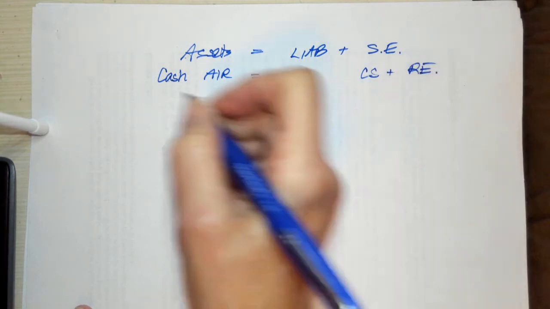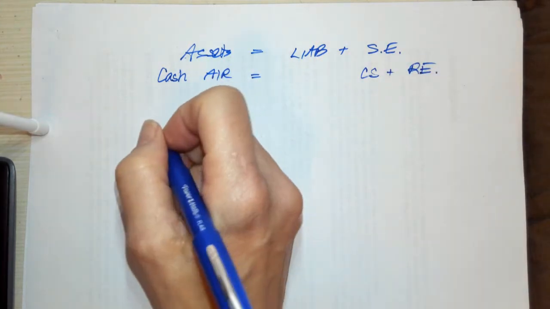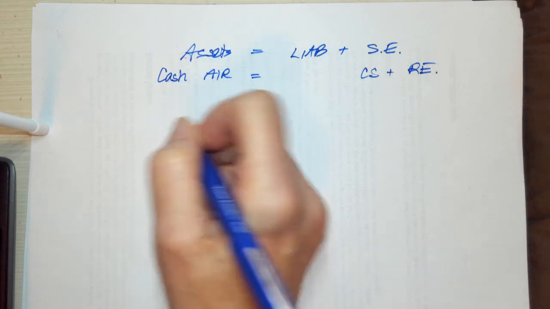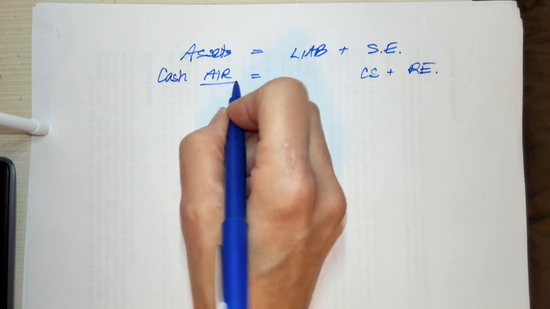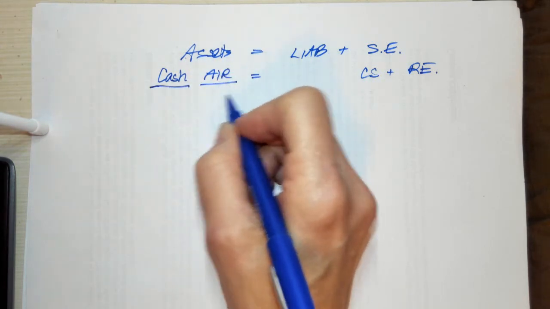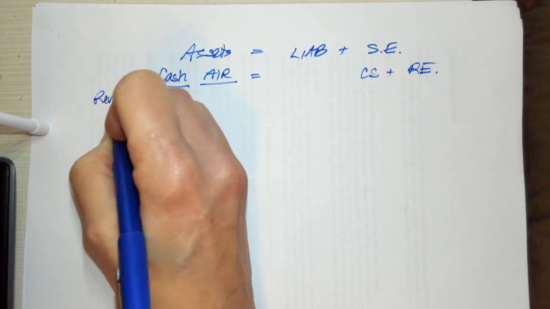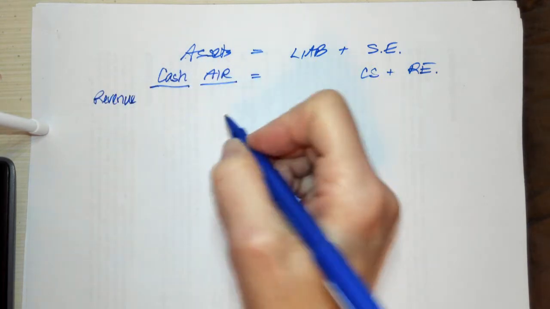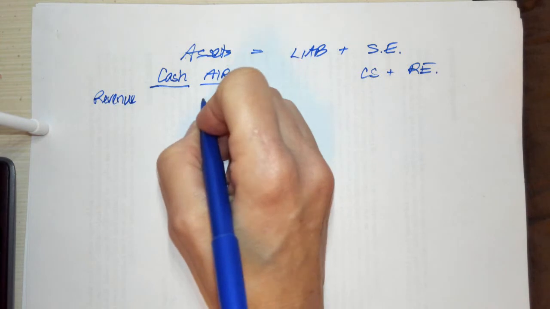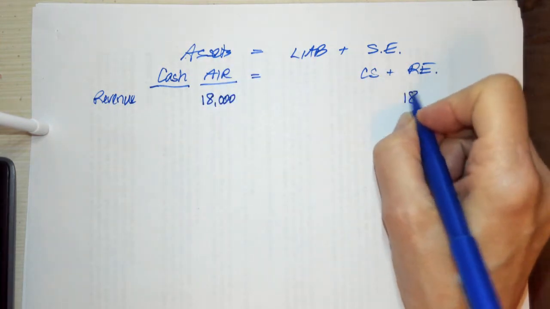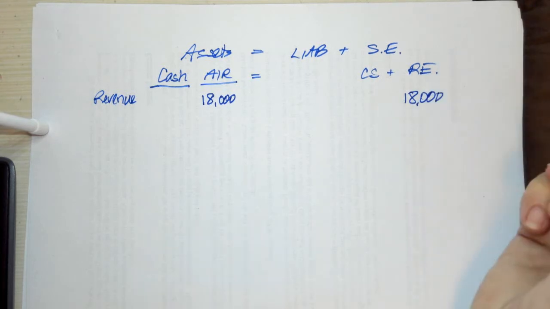So if I did the work of $18,000 on account during year 1, when they say the words on account, that means we did the work and we billed people. So we're up on accounts receivable $18,000 and we're up on revenue $18,000.